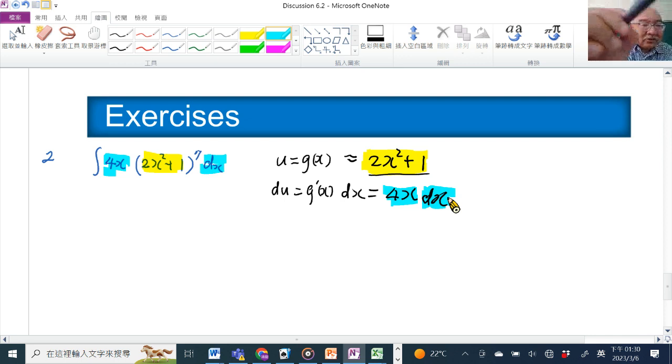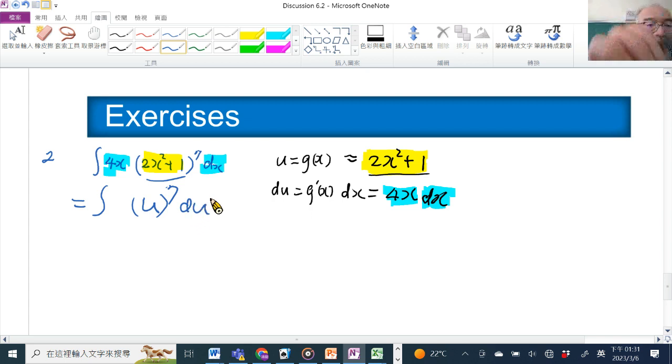So the next step: the yellow one is rewritten as u, so this portion becomes u to the power of 7, and the blue one is rewritten as du. This is step number 3.